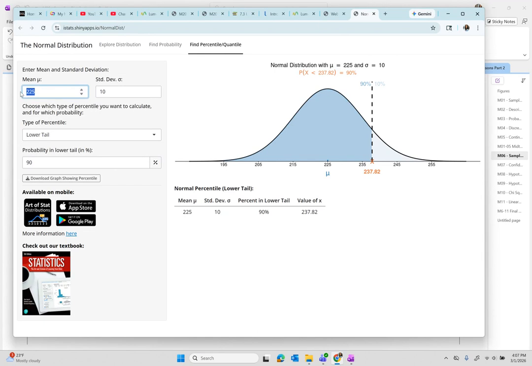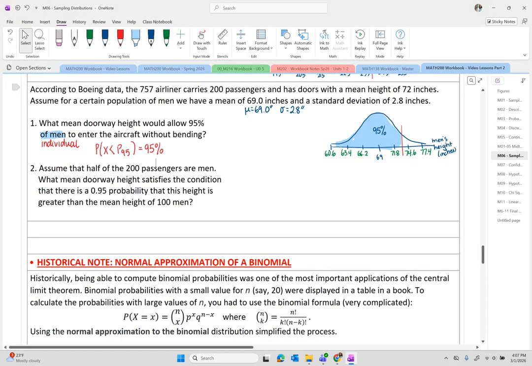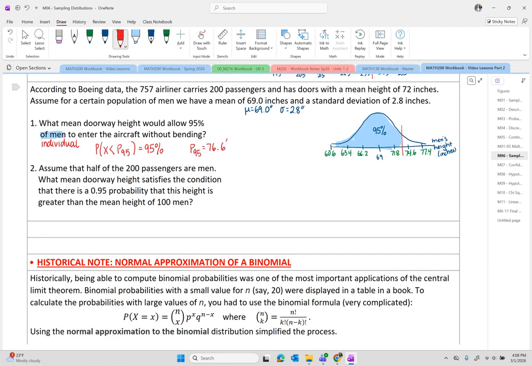I'm going to change the mean to 69.0 and the standard deviation to 2.8, and ask for the lower tail in the 95th percentile. So the height of the door will be 73.6 inches, and that will allow 95% of the individual men to go under the door.